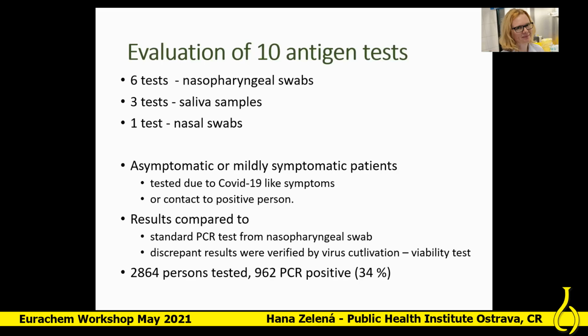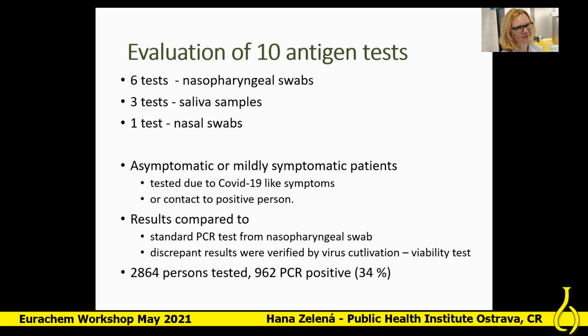The patients investigated were outpatients, which means they were either asymptomatic or only mildly symptomatic, tested either due to typical symptoms for COVID-19 infection, or because they were contacts of positive persons. We tested the people by this antigen test, and at the same time, we performed another swab from the nasopharynx for a standard PCR test.